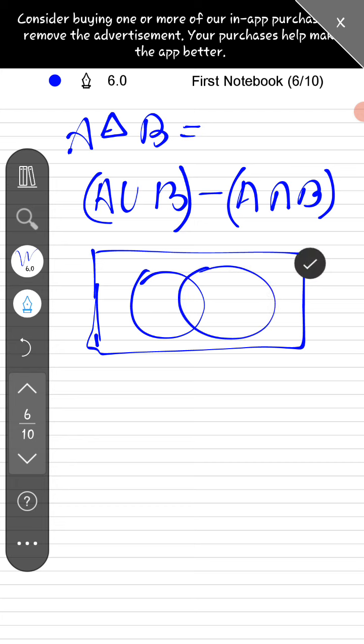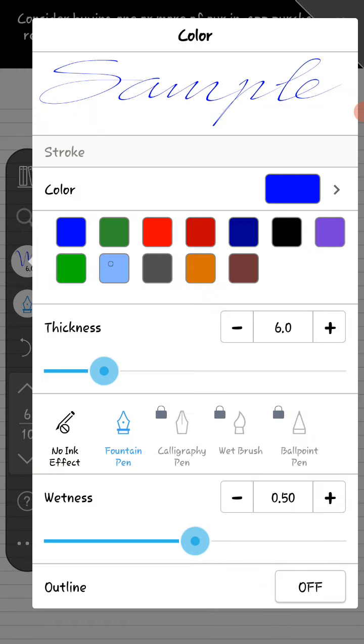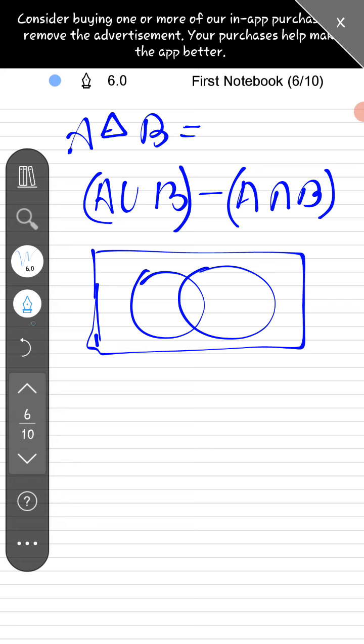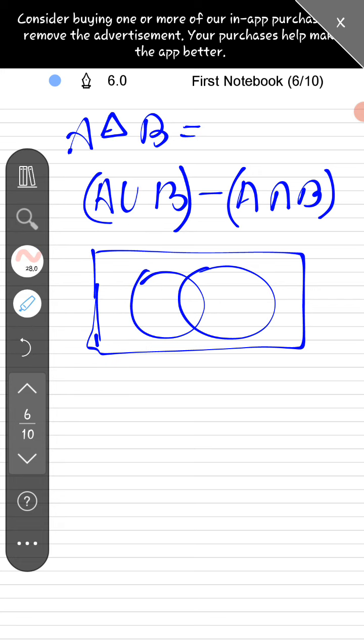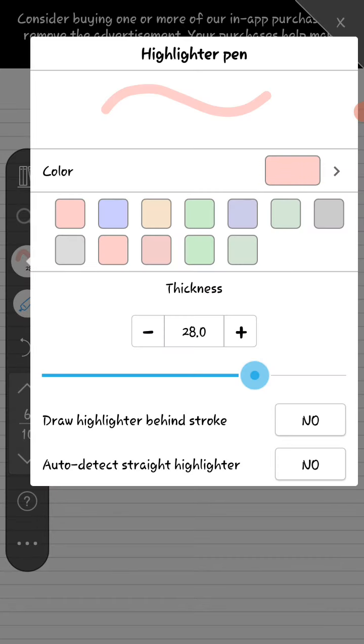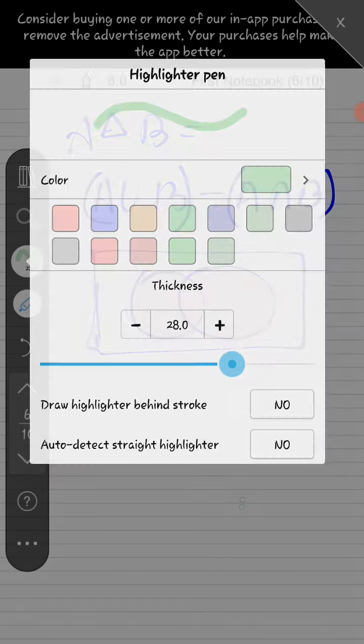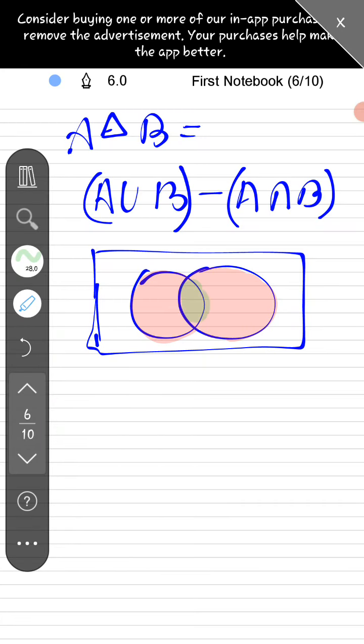What is A union B? This is A union B, right? And what is A intersection B? Is this?